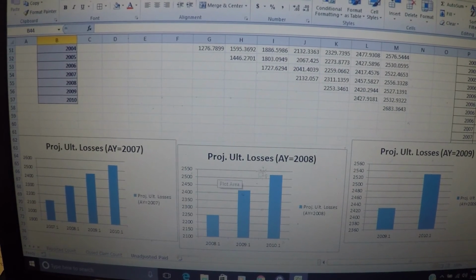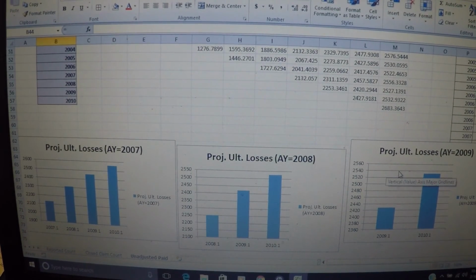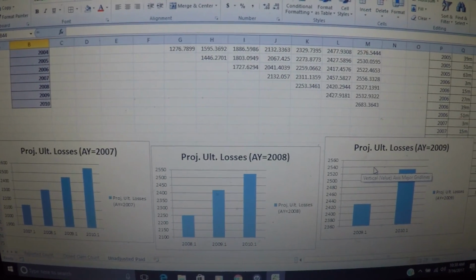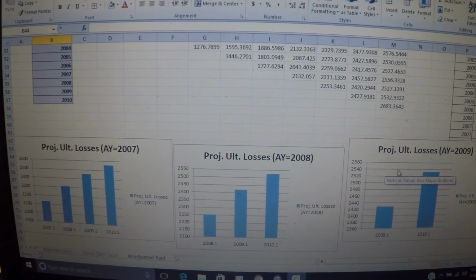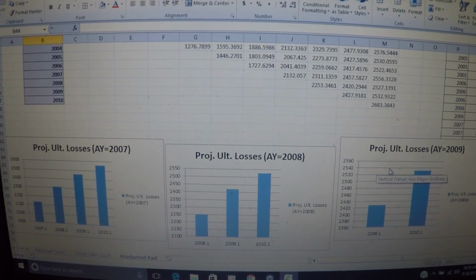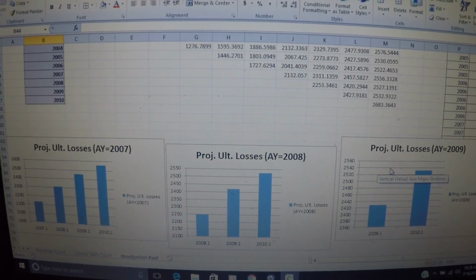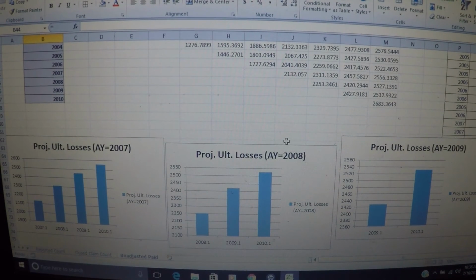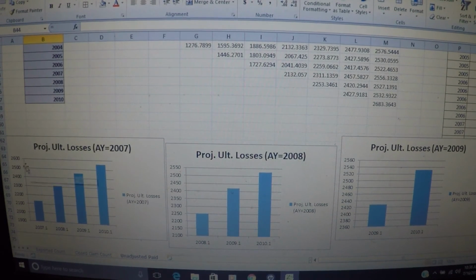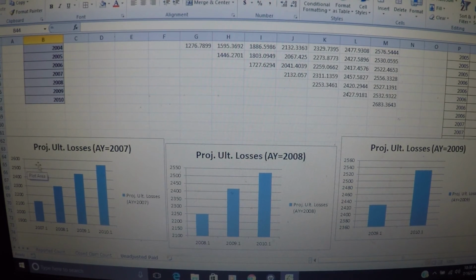And I look along 2008, same idea for 2009. So that's not what we want, right? And of course, management is probably not going to be too happy about that. What would be the ideal situation? The ideal situation, hopefully, is that these bars would just be level.